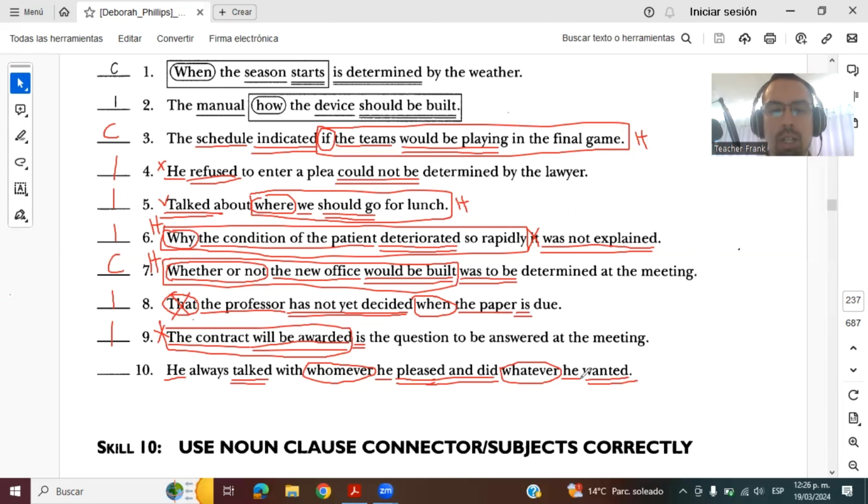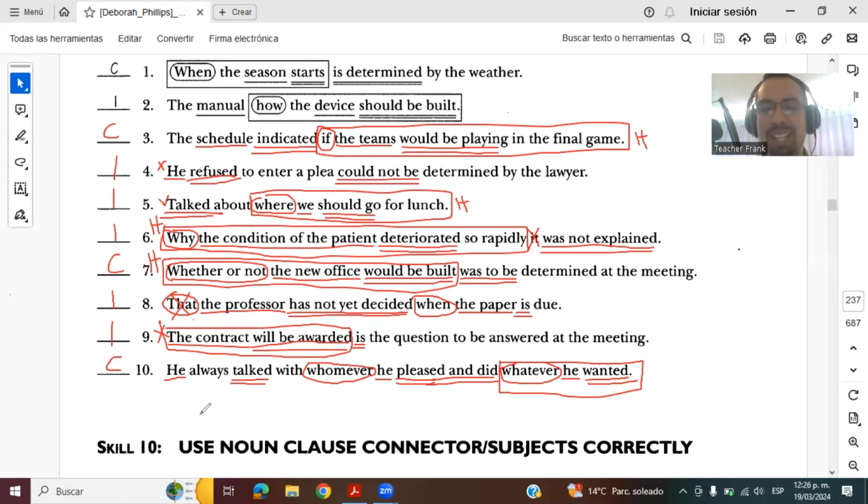He always talked with whomever he pleased and did. I'm thinking here the noun connector is going to be this one, and did it, right? Which would be a noun clause as a verb. It is correct. It has all the elements. Yeah, it's correct, but I'm not really sure where we would put the noun clause. If you know, please put it in the comments. Help me out. I'm only human.